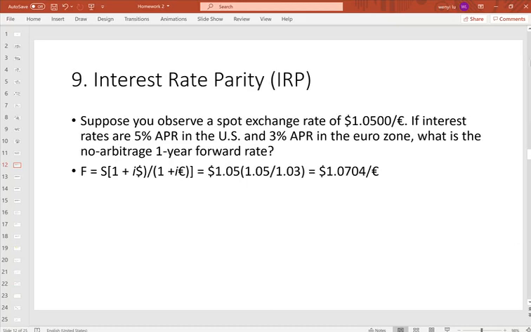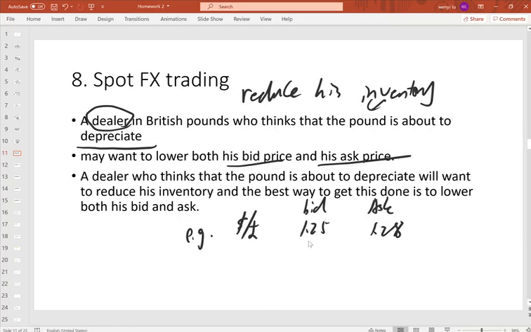So for the market rate, the dollar to the pound has 1.25 as bid and 1.28 as ask. So how can this dealer sell his inventory quicker than the market, to reduce the cost?